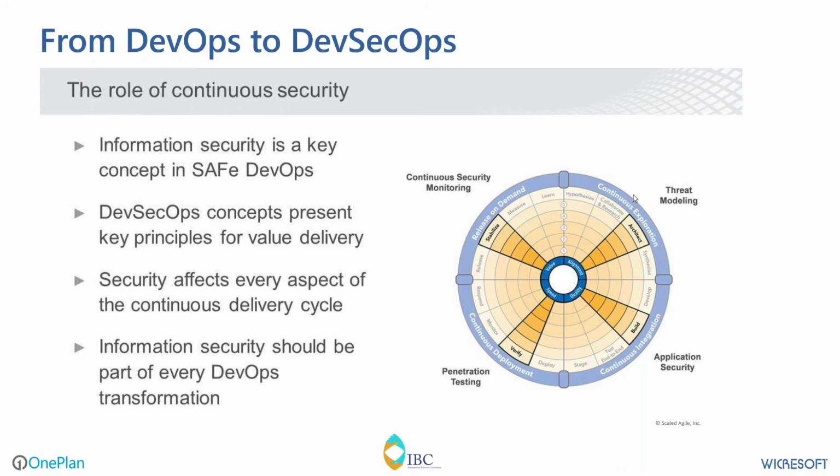So this is now of forefront importance when you actually start developing your DevSecOps practice. You're going to integrate security into every part of the delivery cycle and make it a critical component of your transformation.